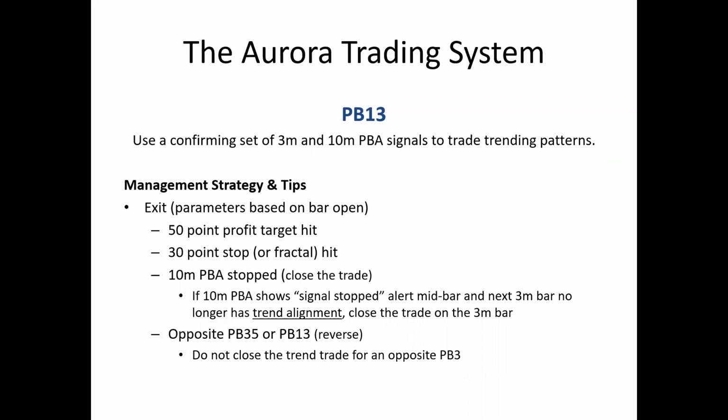You're going to take yourself out of that long trend. If you have only a PB3 reversal, a valid PB3 short, and you're long on a PB13, you're not going to reverse the trade. We're going to hold the trend. So you don't close it if you have only a PB3. Close it if you have an opposite PB35, or close it if you have an opposite PB13. Close it and reverse the trade.